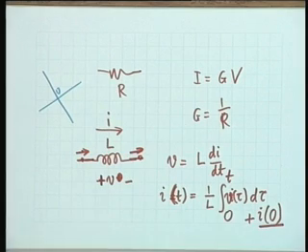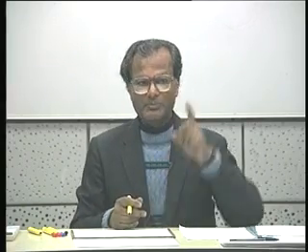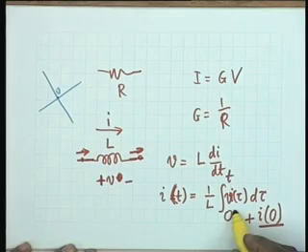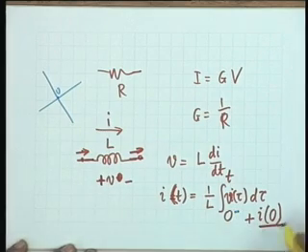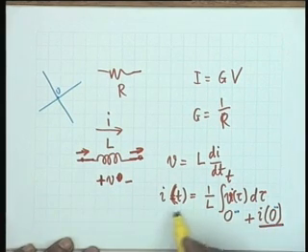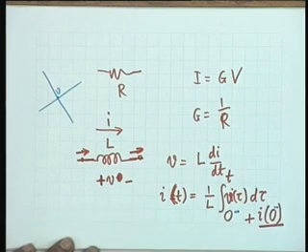There is a difference between the two concepts, although physically they mean the same point. 0 is a single point, but 0 minus is a point which is infinitesimally close to 0, but not quite equal to it. Therefore, we have to integrate from 0 minus to t, and this i has to be i of 0 minus. This is how we shall indicate: i of t is 1 by L integral from 0 minus to t of v tau d tau plus i of 0 minus.